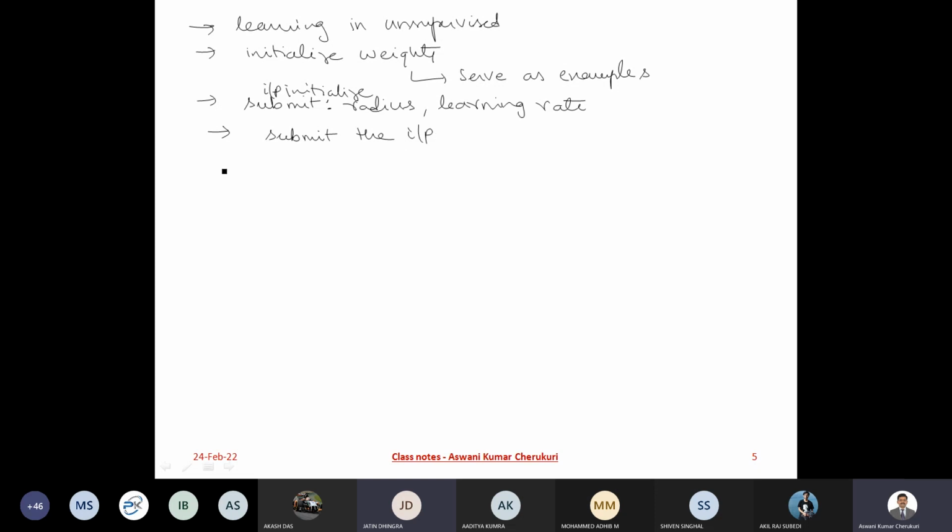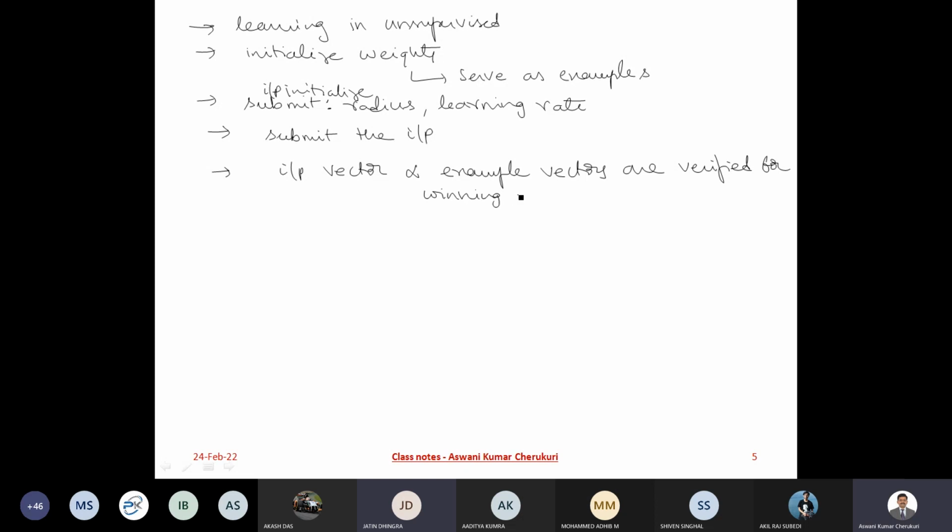So then what happens? Every input vector and example vectors are verified for the winning node.